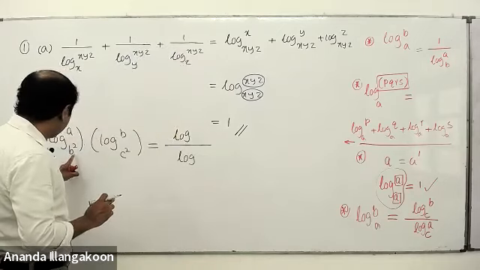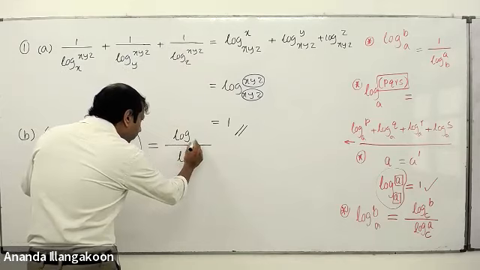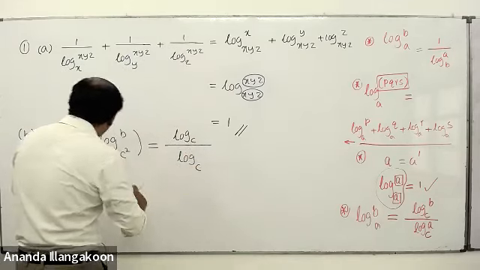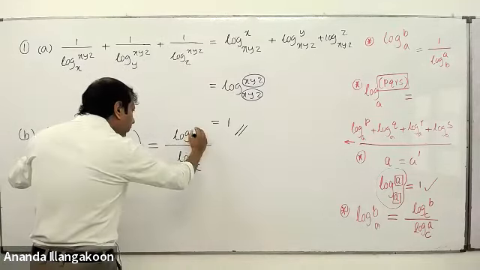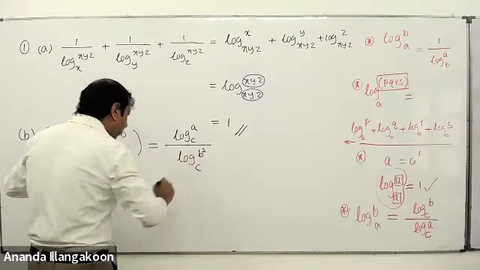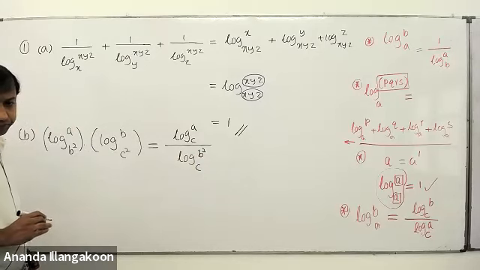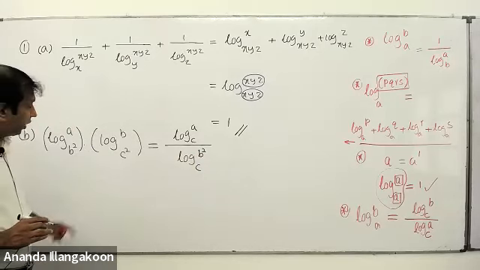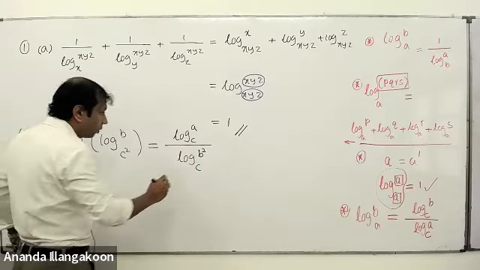So then I must write C here, C here. Then this A should be coming here, B squared should be coming here. Correct, no? That is for the first log term.